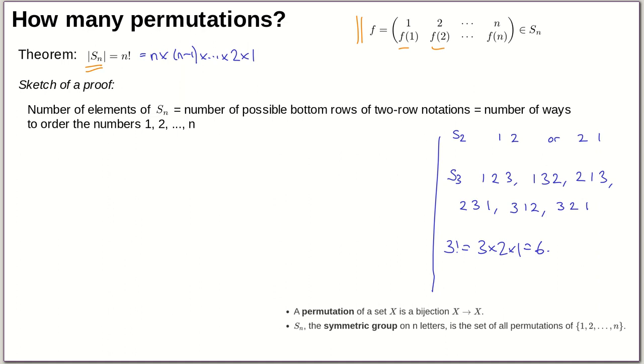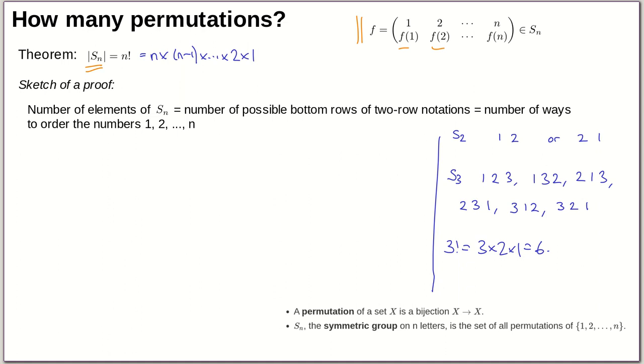So what I'm now going to do is give a sketch of a proof of this theorem. If you'd like to see a more detailed, different proof, then you can find that in the online notes for 0005. The sketch of the proof goes like this.